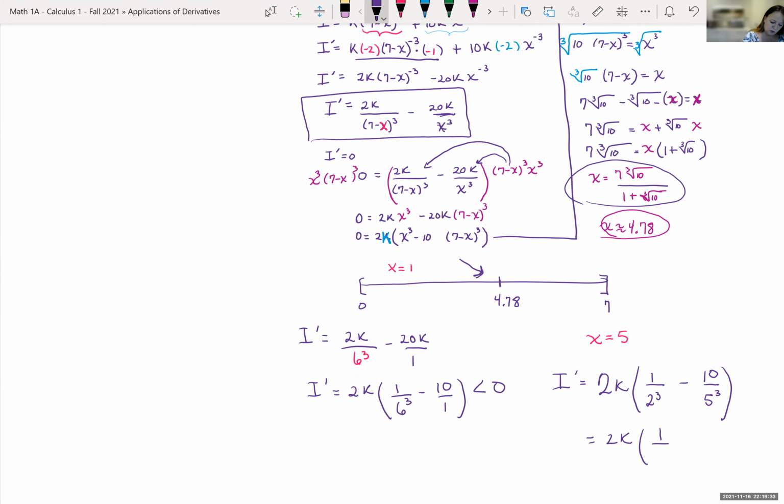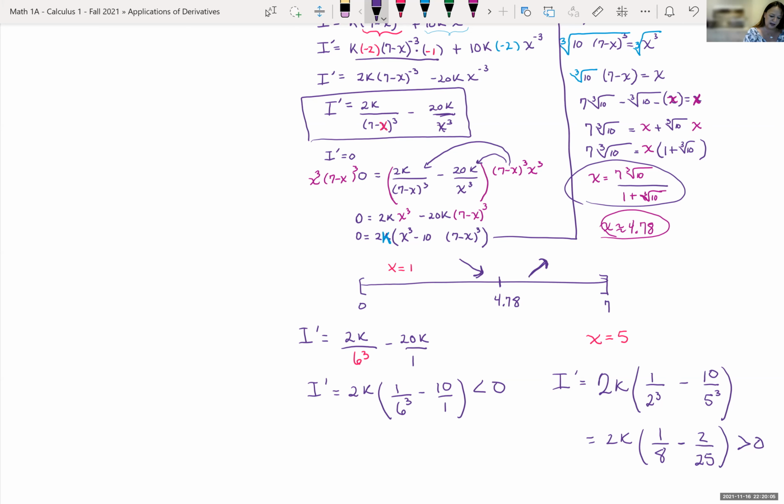So this gives us 1/8 minus 10 over 125. So that would be 2 over 25. So 1/8 minus 2 over 25. That is a positive number. This is greater than 0, so it is increasing.